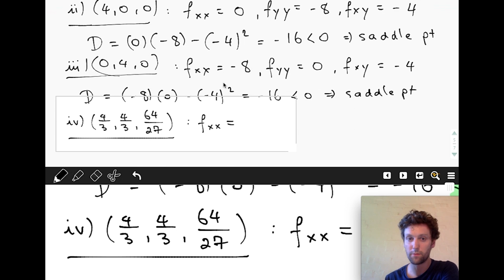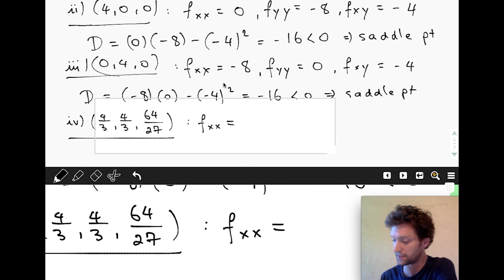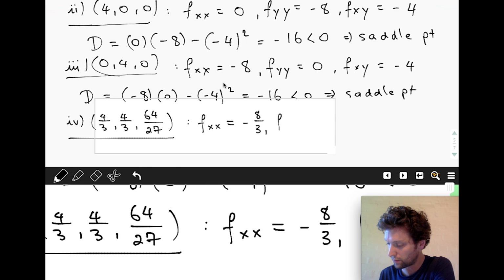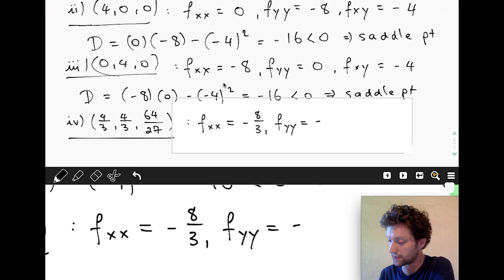So fxx is equal to minus 2 times y, so that's going to be minus 8/3. fyy is equal to minus 2 times x, which is minus 8/3.